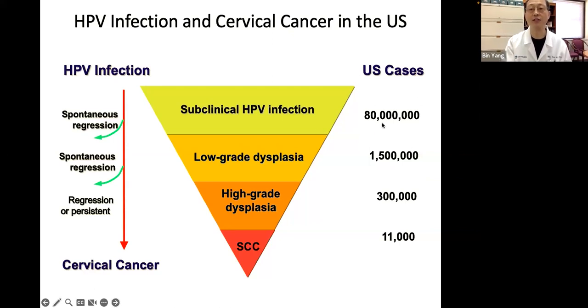You have a lot of HPV infection, but if you put low-grade and high-grade squamous lesions together, about 1 out of 40 will go from dysplasia to carcinoma. And in each stage, especially the early stage, they can regress. So this is very important knowledge when we review our cytology.